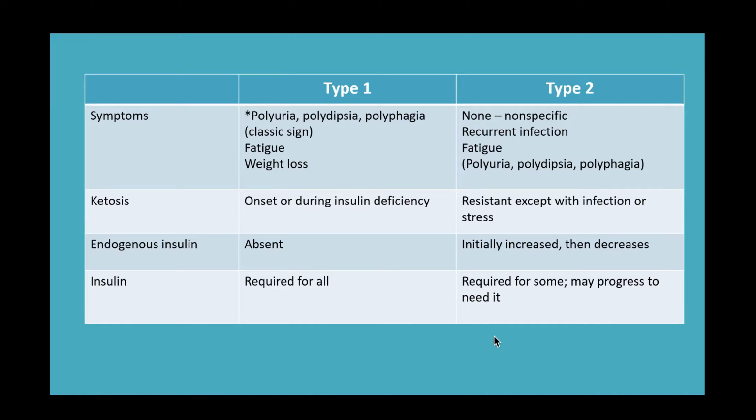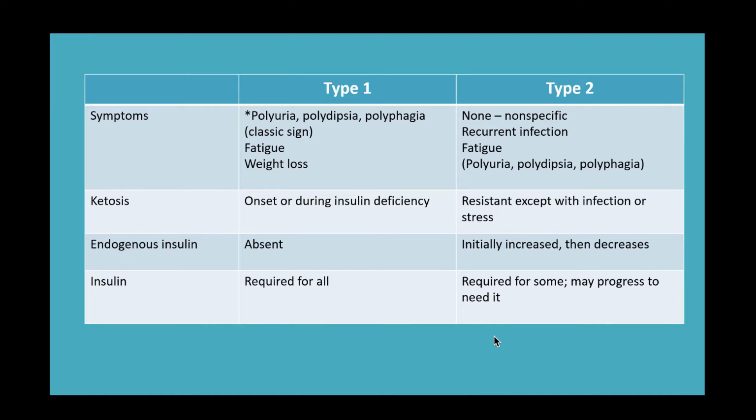Patients will come in with polyuria, polydipsia, polyphagia, and some level of ketosis, and that's where diagnosis begins. In type 2, they may develop ketosis, but it is more rare. We more often see that they do not develop ketosis unless they have a significant infection or stressful event going on.